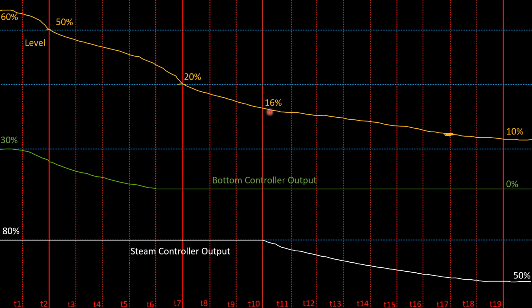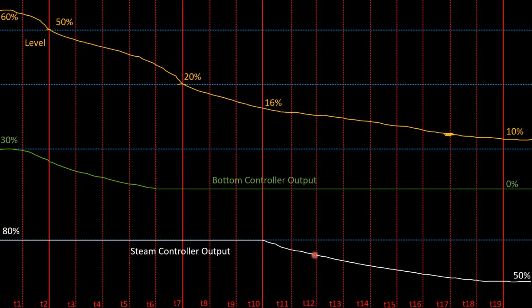Once base level gets below 16%, the base temperature controller is saying keep the steam valve at 80%. However, the override controller at 15% is saying I need you to drop down to 75%.